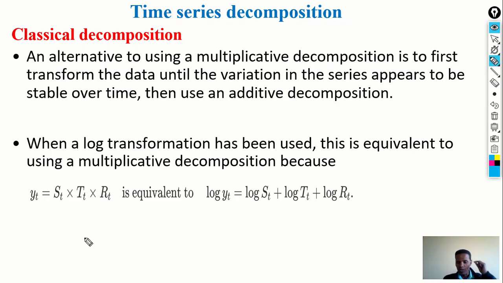Because the outcome variable at time t, according to the multiplicative decomposition, is equal to the seasonal component multiplied by the trend cycle component multiplied by the remainder component, which is mathematically equivalent to the logarithm of y at time t being equal to the logarithm of the seasonal component plus the logarithm of the trend cycle component plus the logarithm of the remainder component.